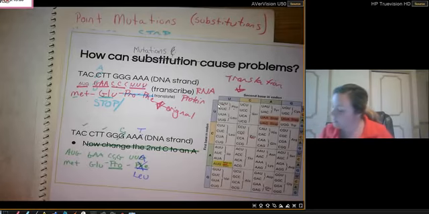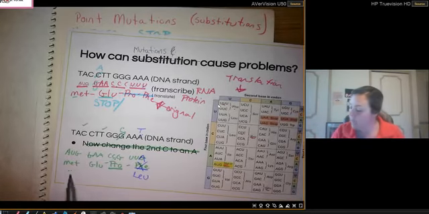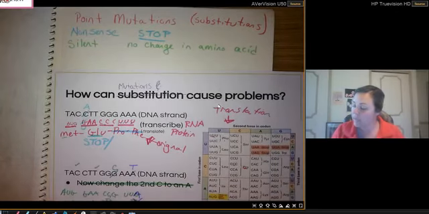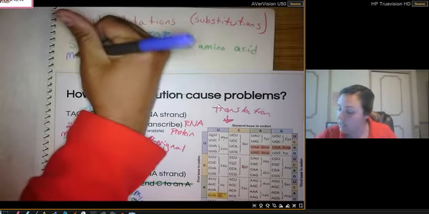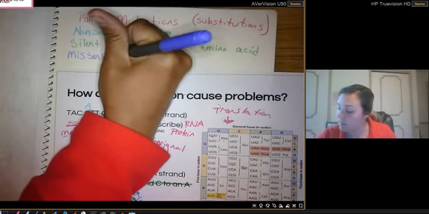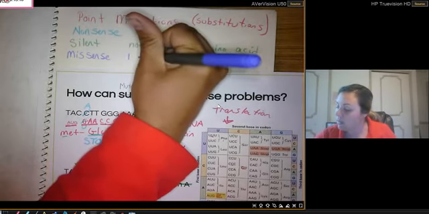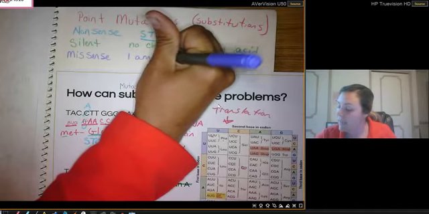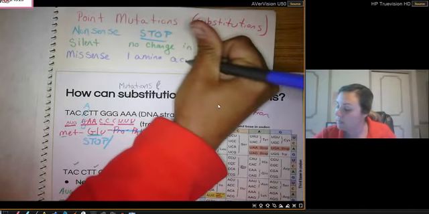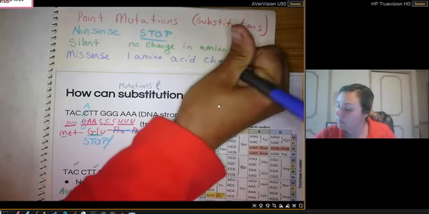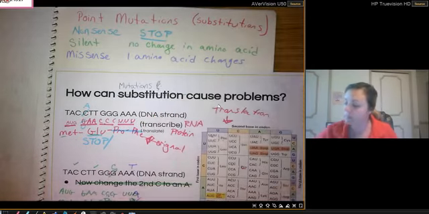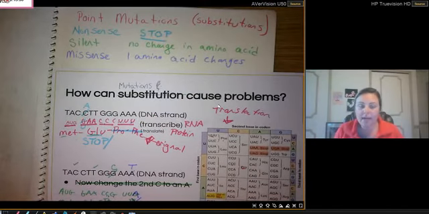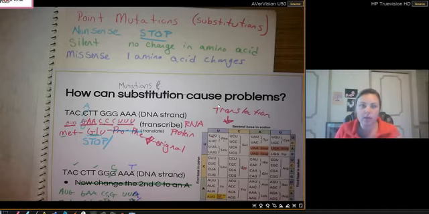So in this example, every amino acid is the same, except this one has been changed into a LEU, which I think is leucine. So that we call a missense mutation. One amino acid change. So those are three things that can occur when you have a point mutation or a substitution.